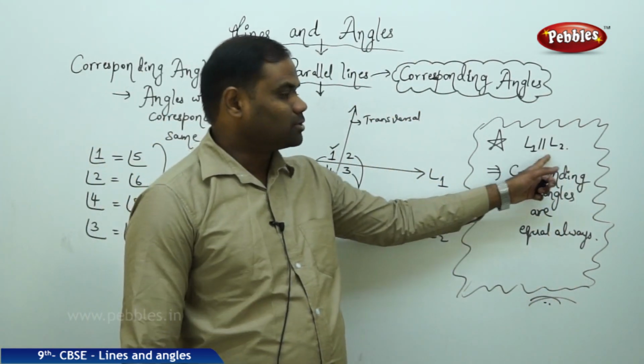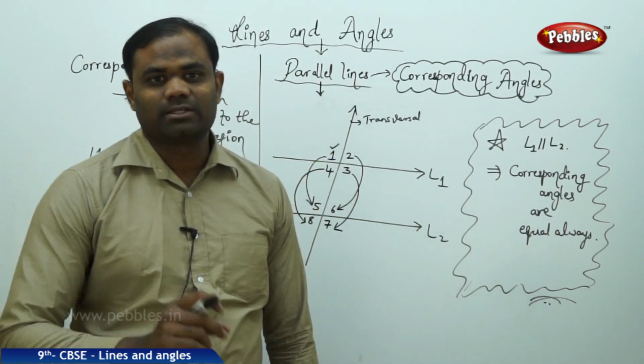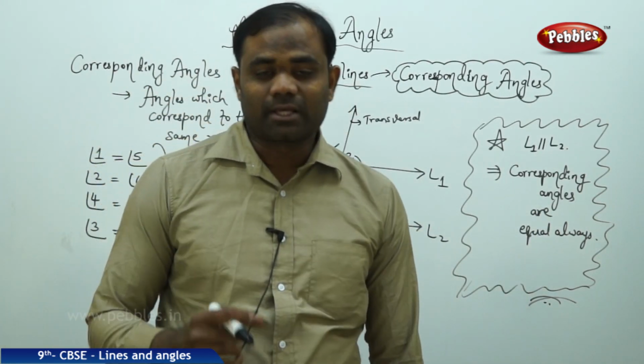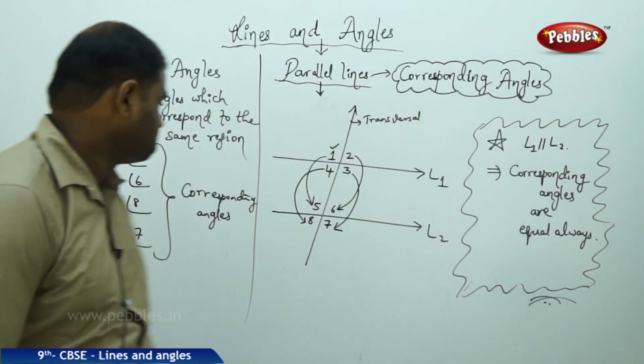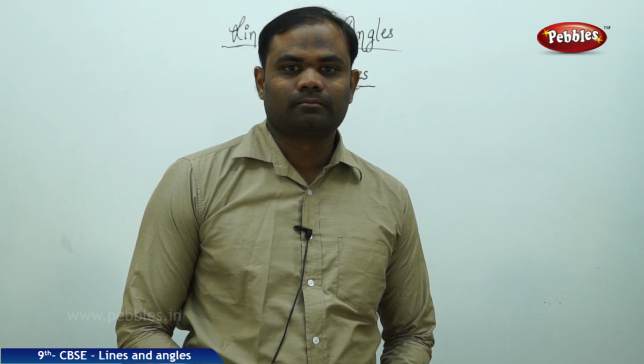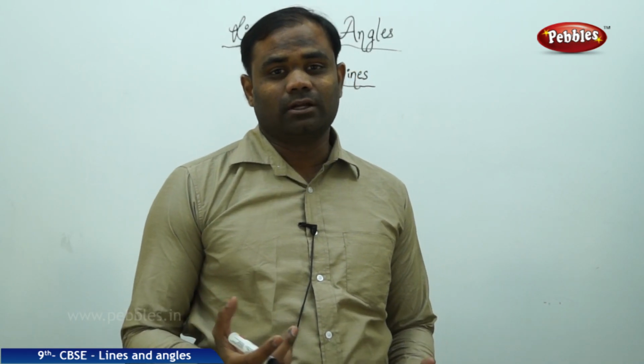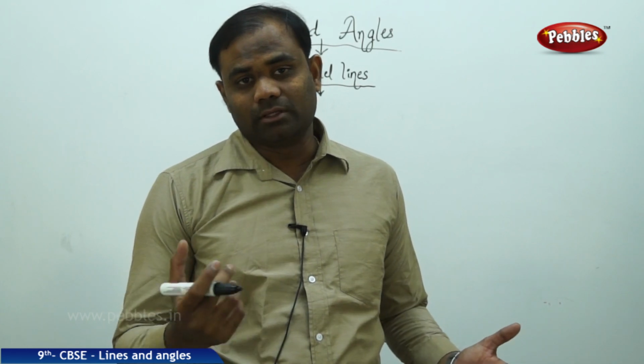So L1 parallel to L2 implies corresponding angles are always equal when lines L1 and L2 are parallel. Corresponding angles concluded.